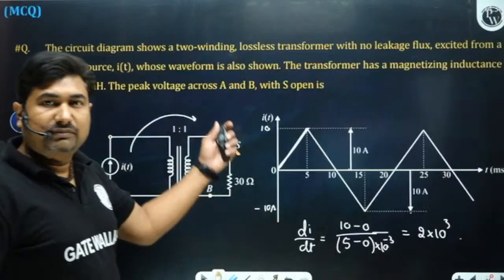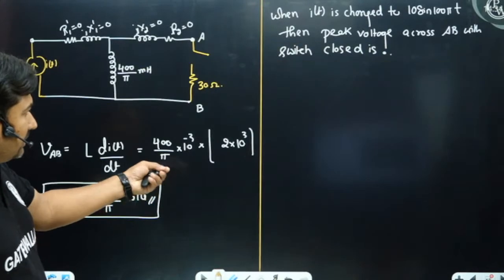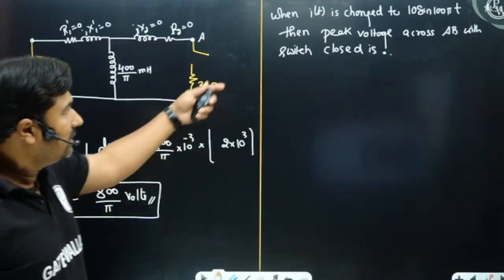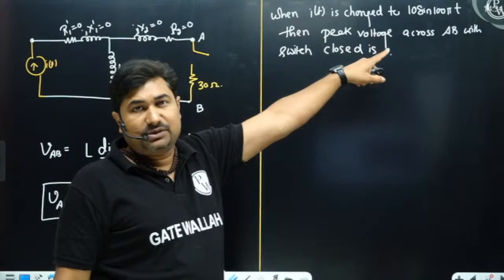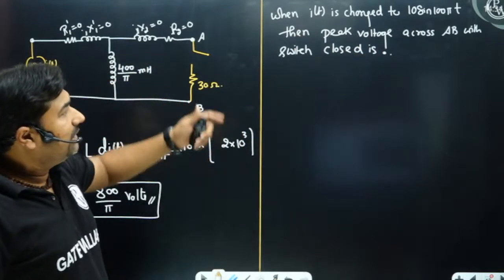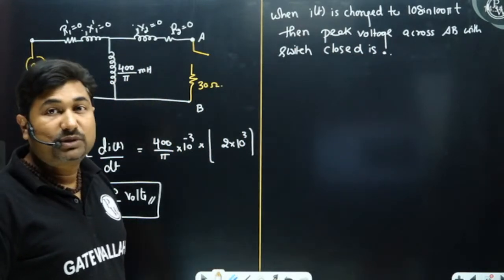It's the second part of the question. Basically that part is not typed, so I'm just putting it here. In the same question, in case IT is changed to 10 sine 100 pi t, then what is the peak voltage across AB with switch S closed?